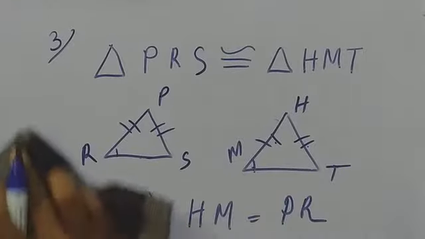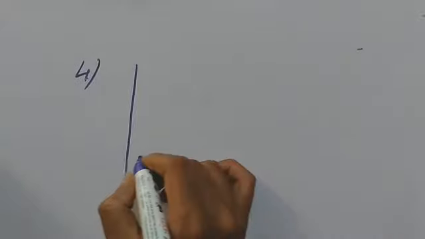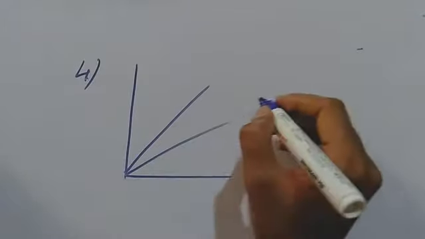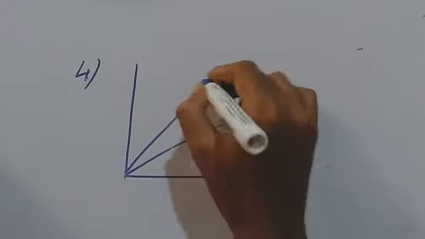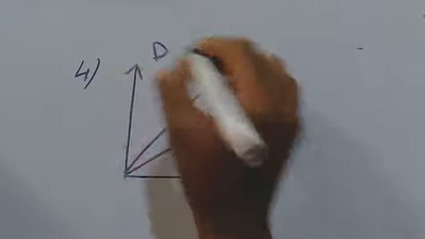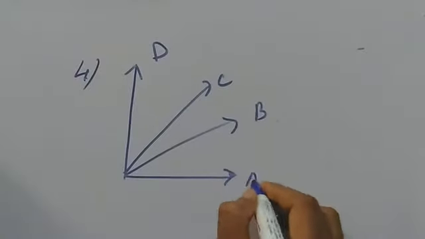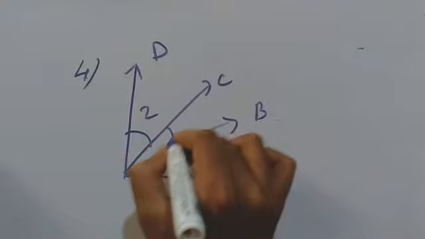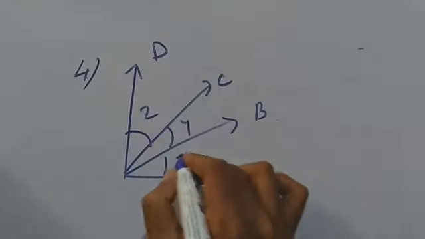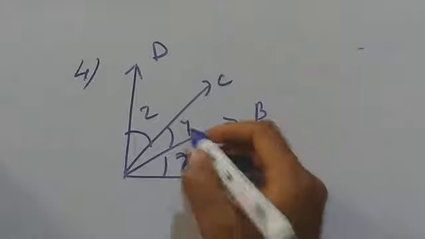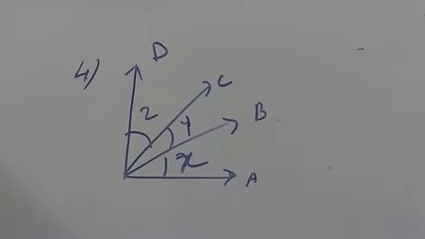Now I will do question number 4. This shape is given. B, C, D, A, Z, Y, X. Here the angles X, Y, Z are given.